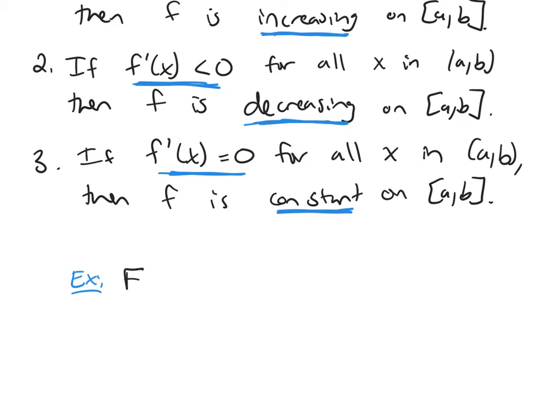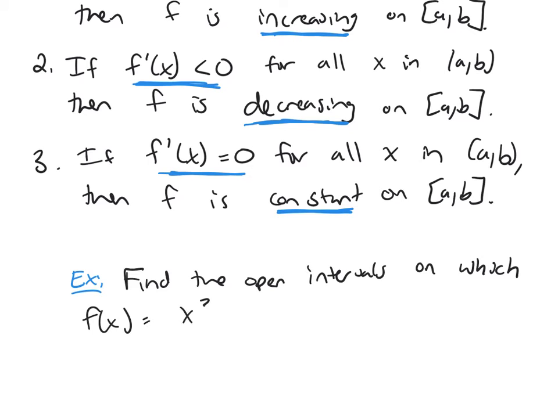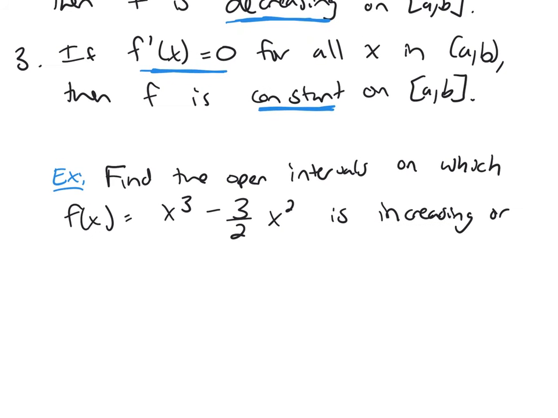So I want to find the open intervals on which f of x, which will be x cubed minus 3/2 x squared, is increasing or decreasing. So the first thing you're going to need to do if you're talking about increasing or decreasing, you need to find the derivative, f prime of x.